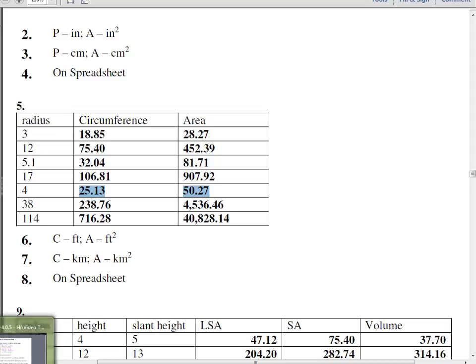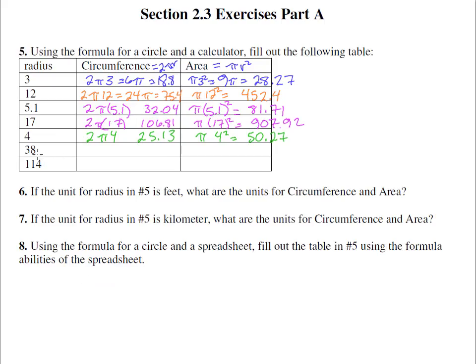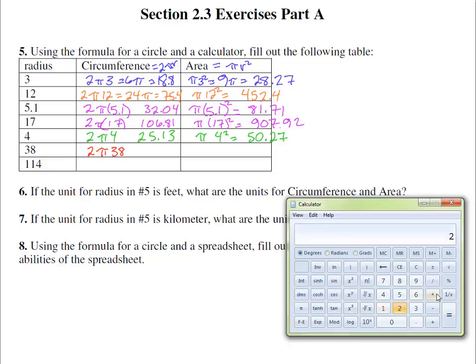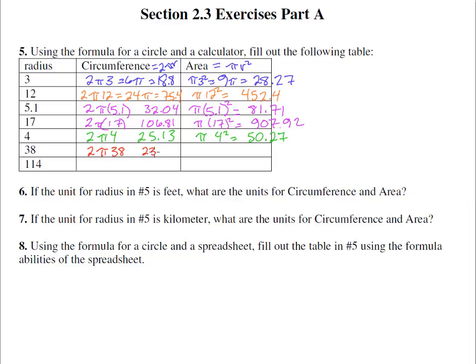Radius of 38. We will have circumference is 2 times pi times that radius of 38. Let's punch it out on the calculator. 2 times pi times 38. We could have done 76 times pi, but we'd get the same thing. 238.76.